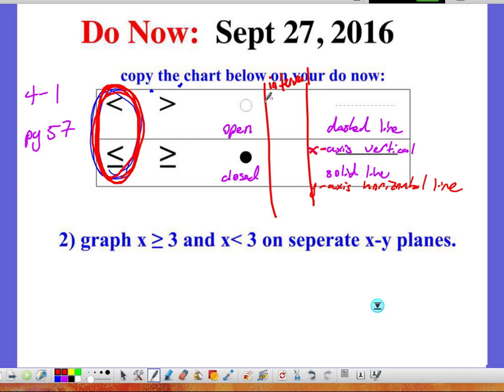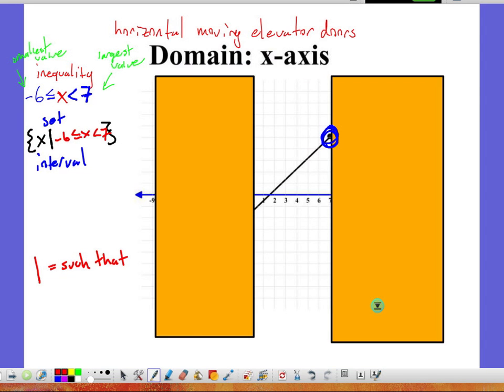If I have less than and an open circle, I'm using parentheses. If I have less than or equal to and a closed circle, I'm using square brackets for my interval notation. Okay, first thing I want to do here for my interval notation is take my smallest value and put it on the left, comma, and I'm taking my largest value, putting it on the right.